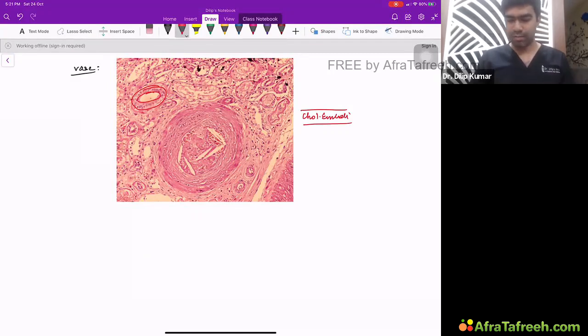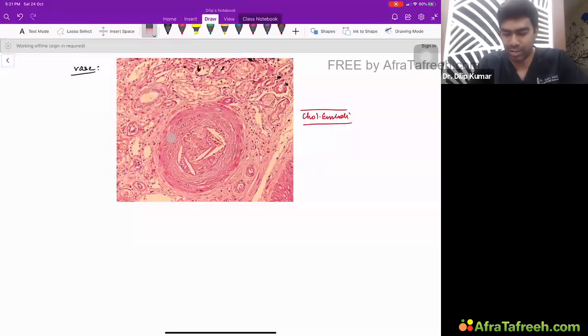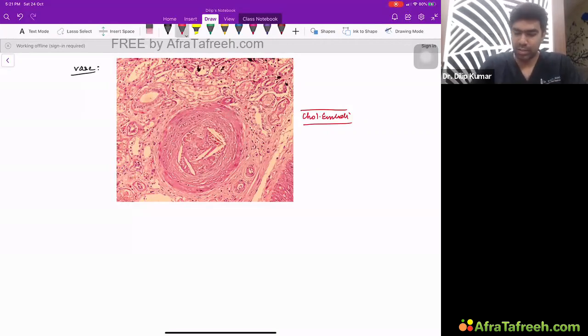And having a vessel as big as the tubule is ridiculous. You don't get such a big vessel. The glomerular vessels will be small. What you're seeing here is actually the glomerulus, and inside the glomerulus we have some vessels, and the vessels are a little big.